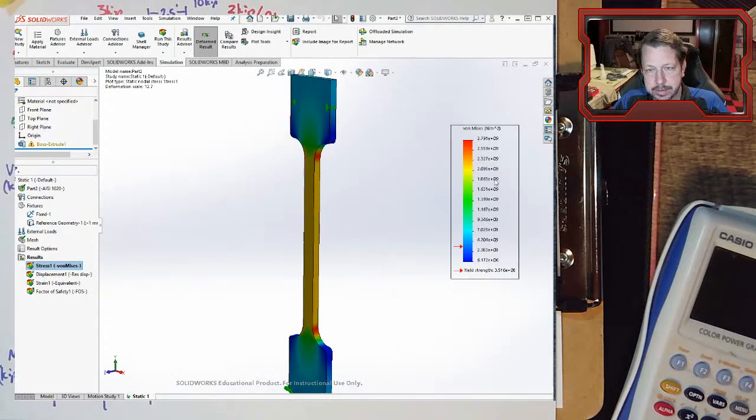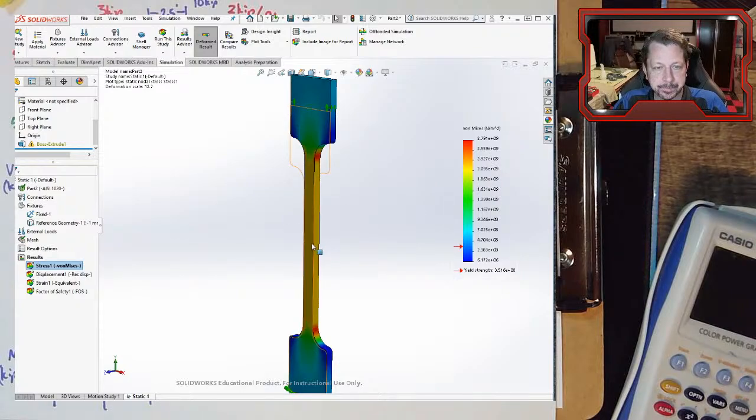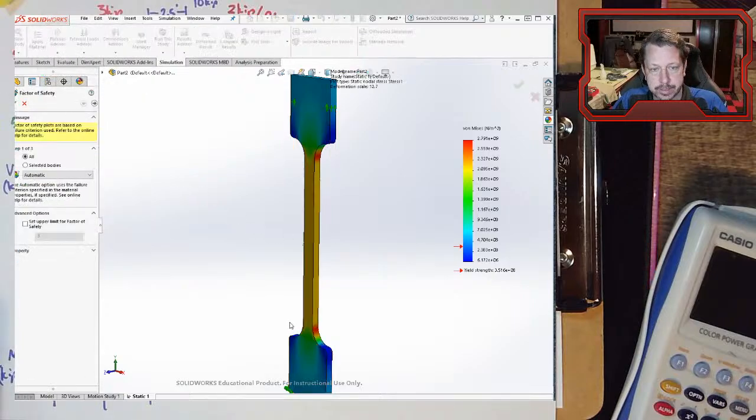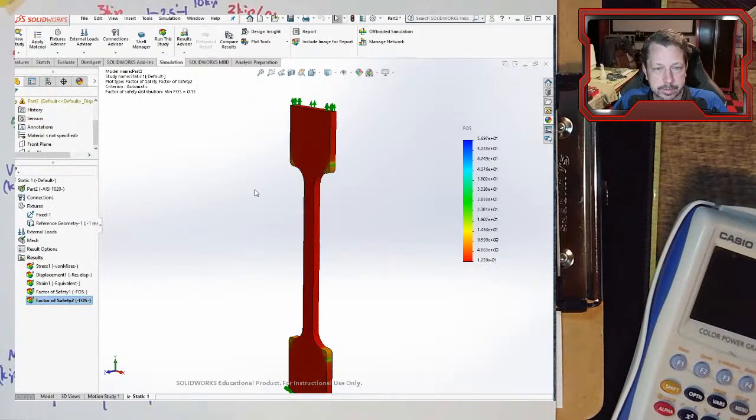We're still in the times 10 to the 9th range for most of these stresses that are saying that this is going to fail. And if we did the factor of safety plot, you would see it basically all red again, except for those corners again.